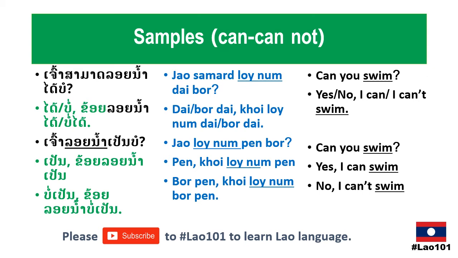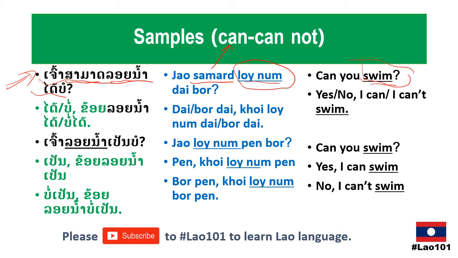That was an example of saying no for can or cannot. The literal translation for can or can't is สามารถ, so this word means can. For example, if you want to ask people whether they can do something, you will say เจ้าสามารถลอยน้ำได้บ่. ลอยน้ำ means swimming. You can replace the underlined word here with a different verb or different action.